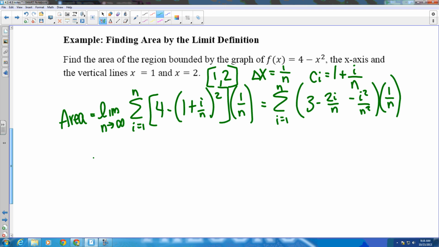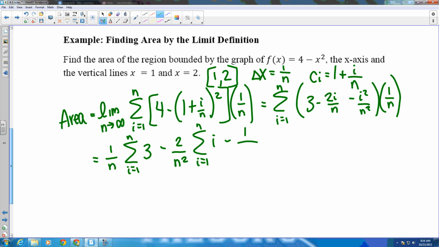First one, we just have a 1 over n and 3. Second one, we have 2 over n squared and i. Third one, we have 1 over n cubed, and our summation is i squared.